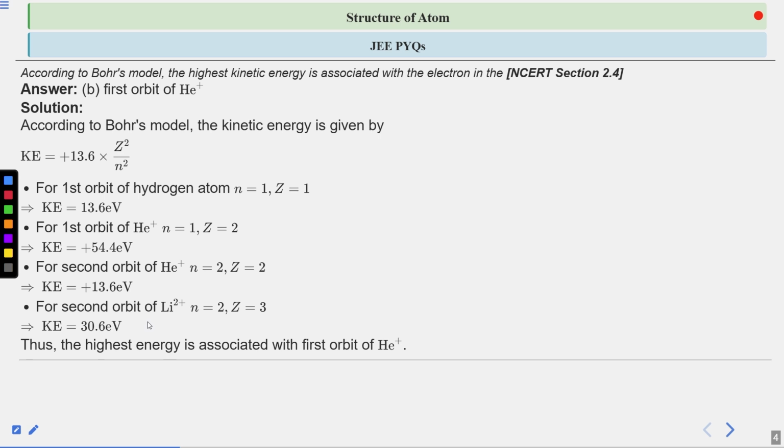Now you can easily say, looking at all of these values, that helium plus has the highest energy. But it should be related to the first orbit, because in the second orbit, the energy decreases.